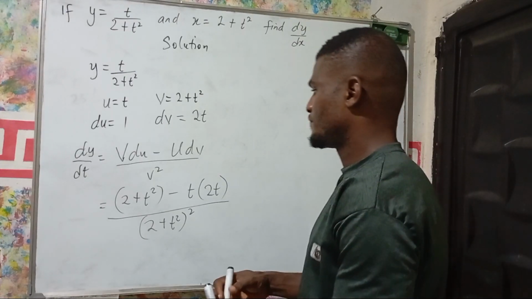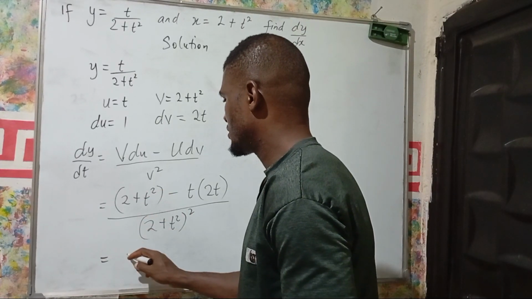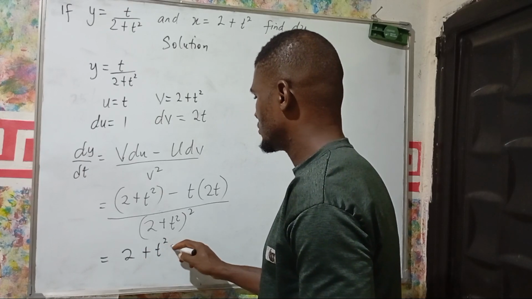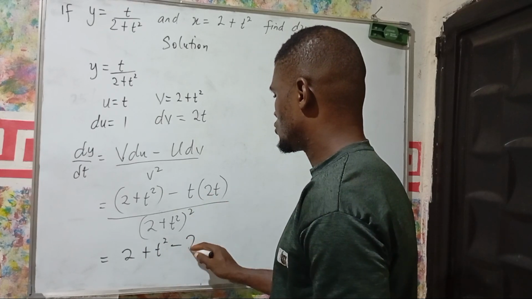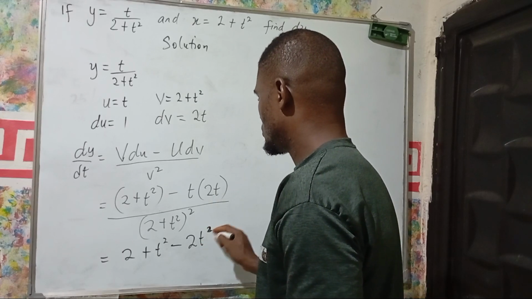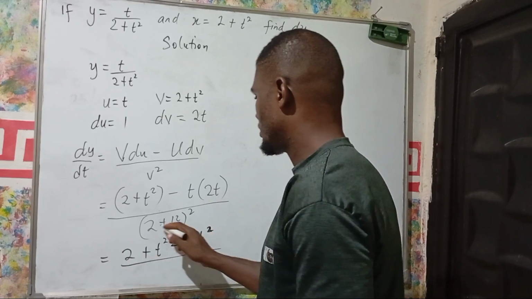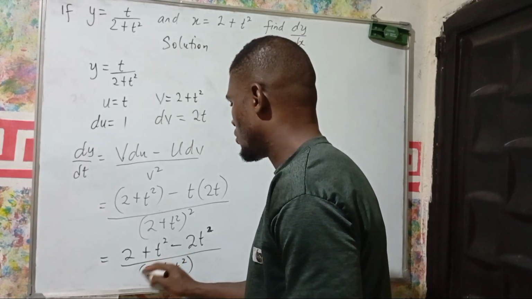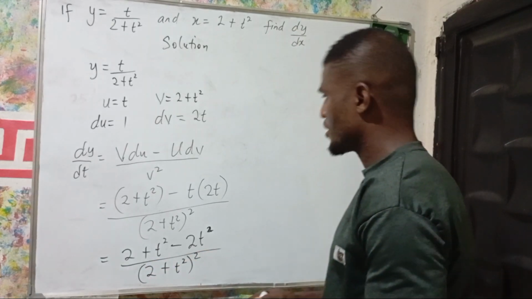Okay, so what we now have would be 2 plus t squared minus 2t squared, over our v squared, which is 2 plus t squared all squared.